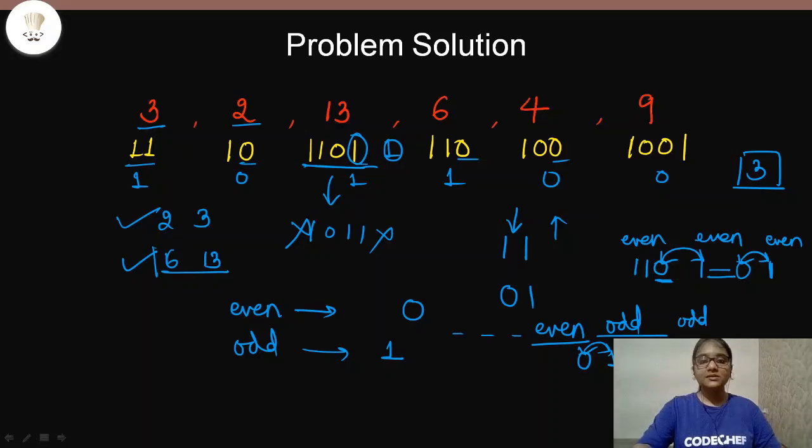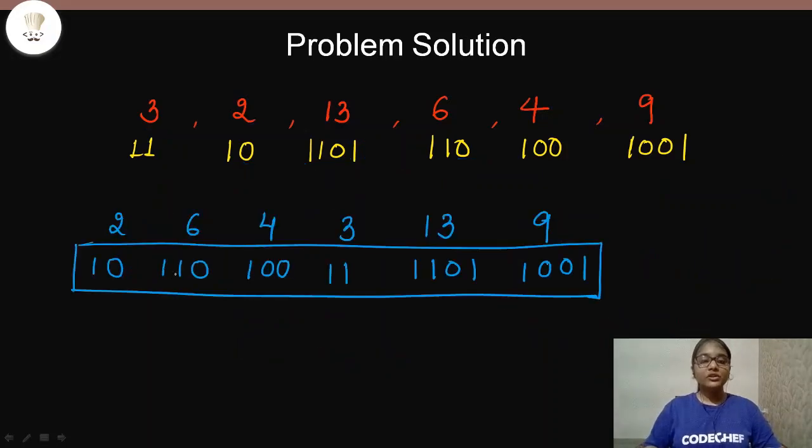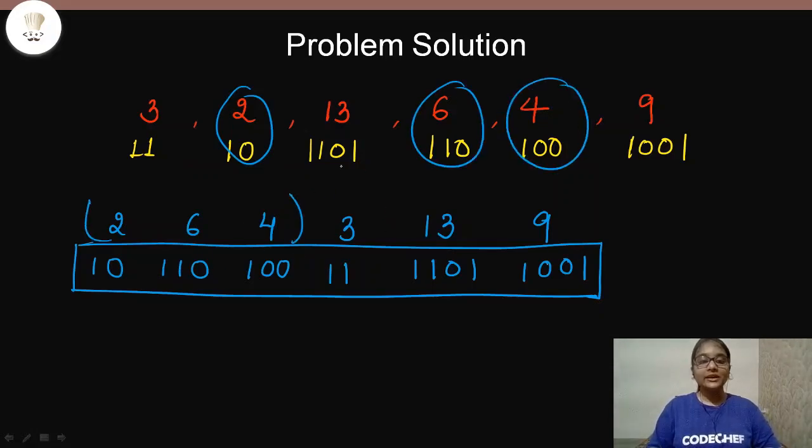A probable solution is that we segregate all the even numbers first and place them together, and after that we segregate all the odd numbers and place them together. This is one probable ordering that will give us the minimum ugliness of the array.